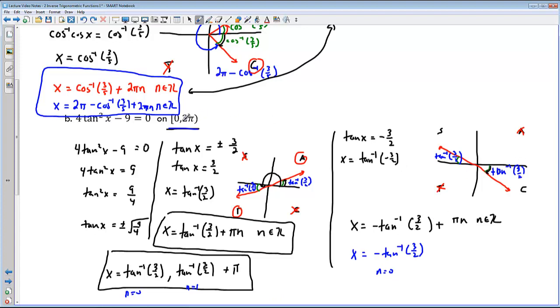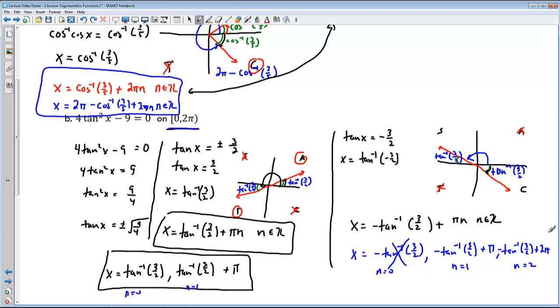We want things between 0 and 2 pi. So this is not a solution, but the next one is. If you take negative tan inverse of 3/2 and you add pi to it, that's going to be that first solution. So you're going down, and then you're adding pi, so basically you're getting the angle that goes from right here to right there. And the second solution is going to be negative tan inverse of 3/2 and then plus 2 pi. So when n is 2, you add 2 pi. And so this was n equals 1 and n equals 2.